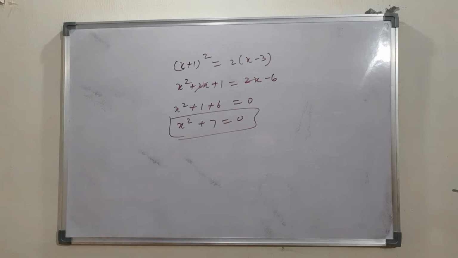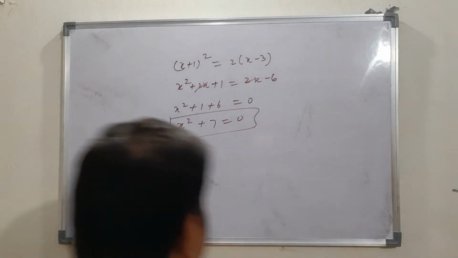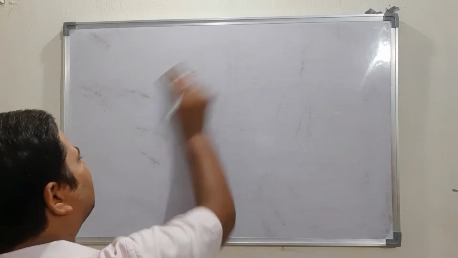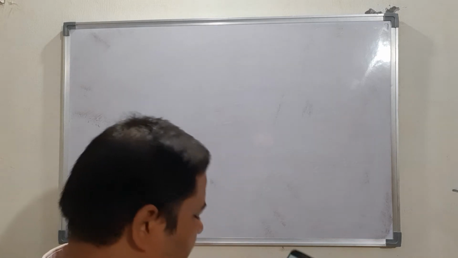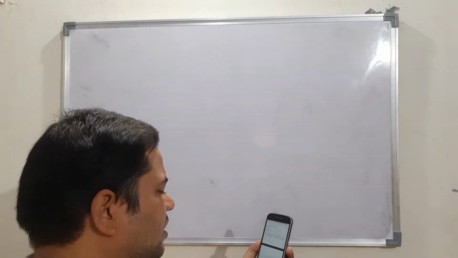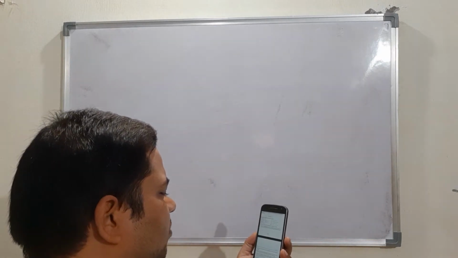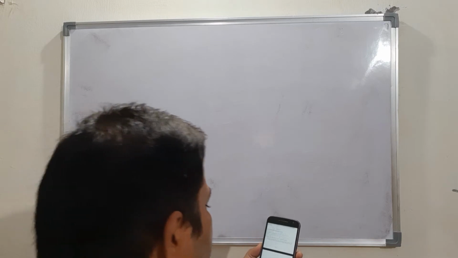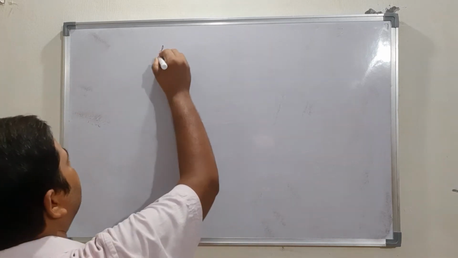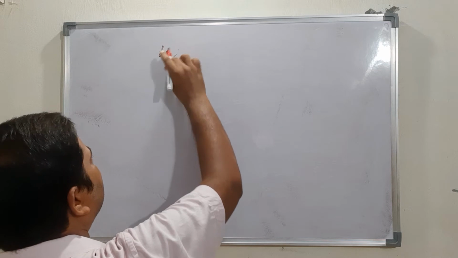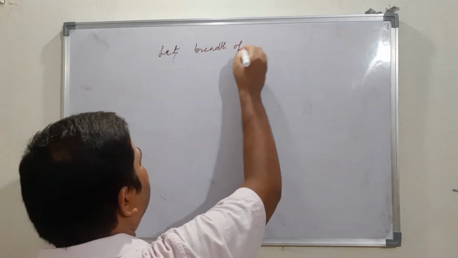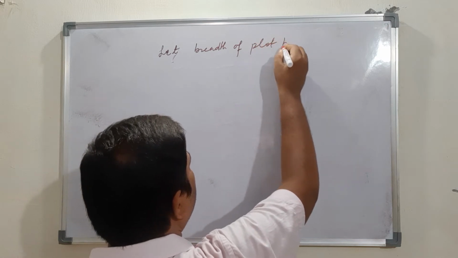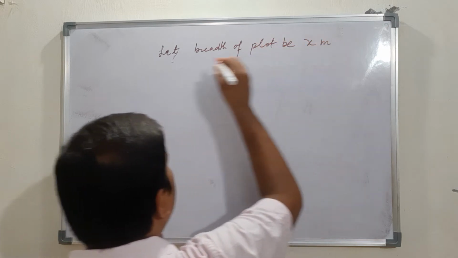Okay, so see, the area of the rectangular plot is 528 meters square. The length of the plot is one more than twice the breadth. So let the breadth of the plot be x meters.